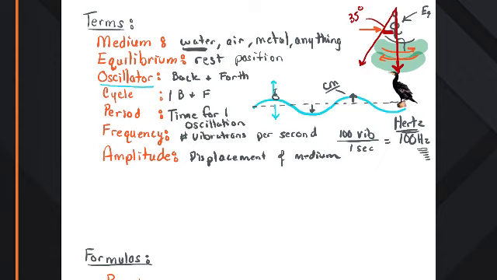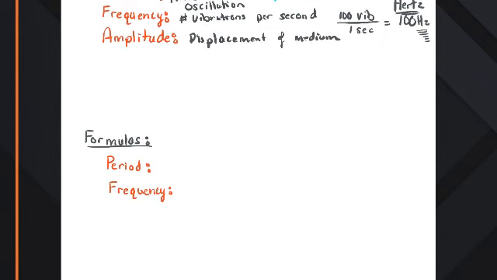So there's a couple different ways that we can measure our amplitude, whether it be degrees off of equilibrium or number of centimeters off of equilibrium. We had some formulas that we looked at also. Our formulas, when we're trying to calculate the period, now our unit that we used for period was a T. All right, so our period is T, and we said that that equaled 1 over the frequency.